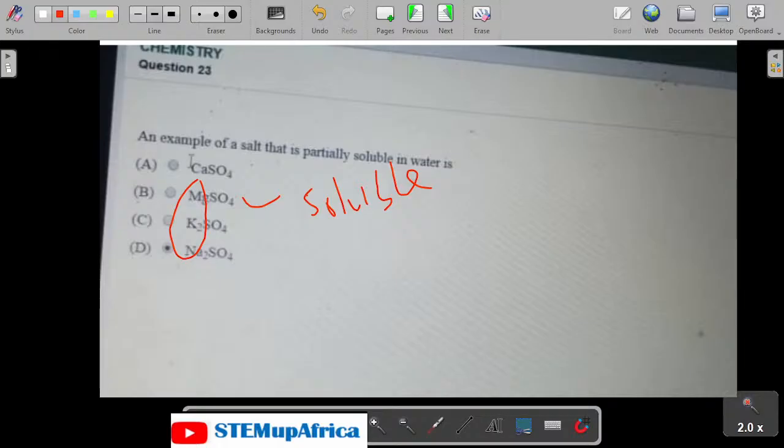Even though calcium is also a group 2 metal, it forms an insoluble product with H2SO4. So therefore the answer is calcium sulfate.